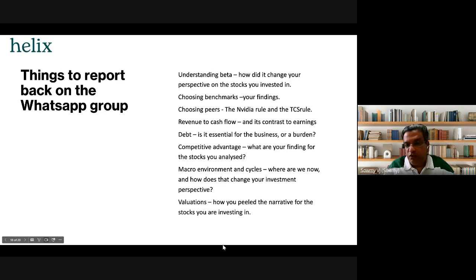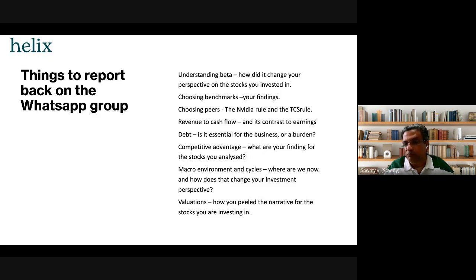So, things to report back to the WhatsApp group. In previous sessions, we did understanding beta. How did it change your perspective on the stocks that you invested in? Choosing benchmarks, your findings, choosing peers, the NVIDIA rule, the TCS rule, etc. How did you choose the right peers?